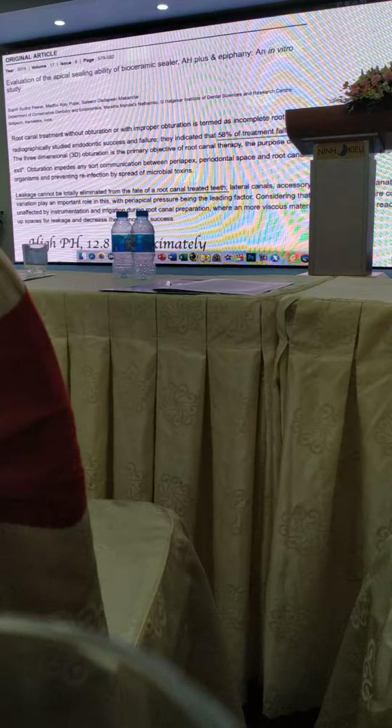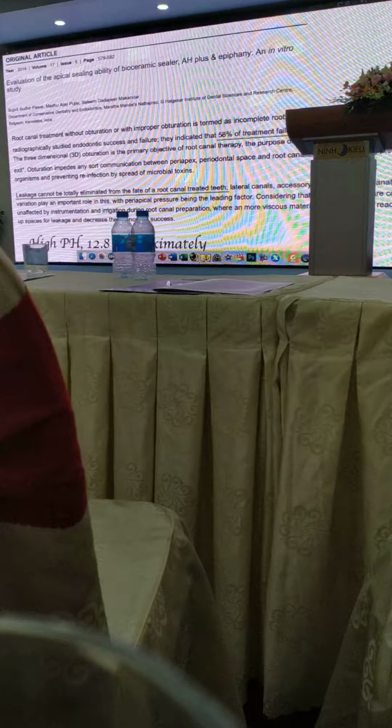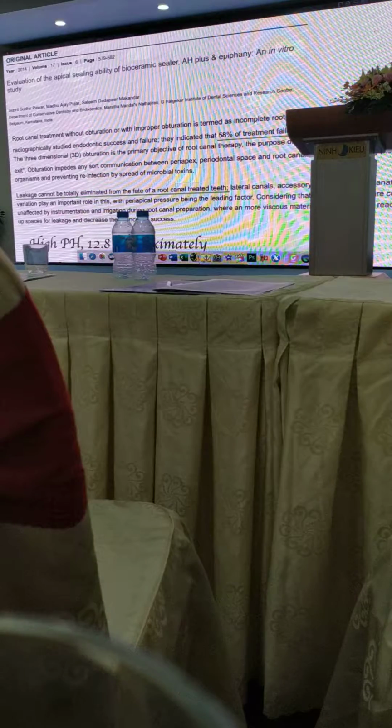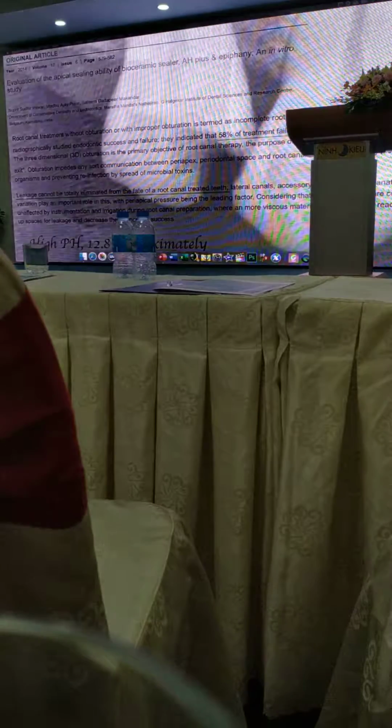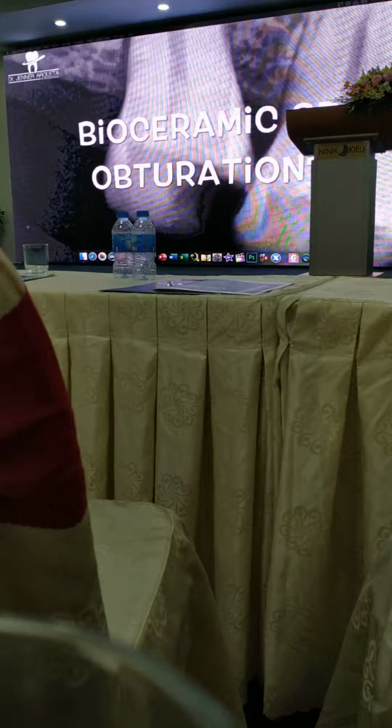And the bioceramic sealers will increase that pH and you will have an additional advantage. You will keep the pH high for approximately 20 days.